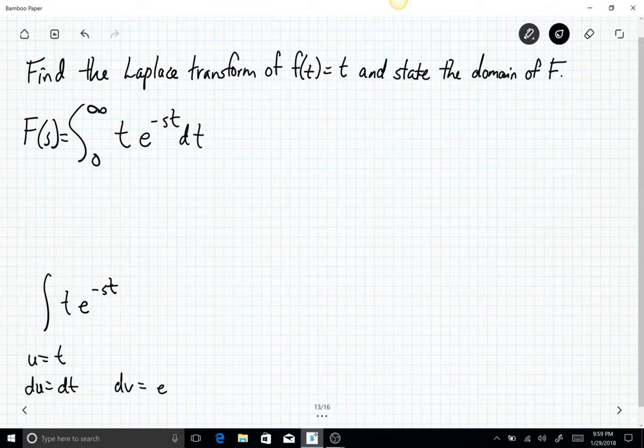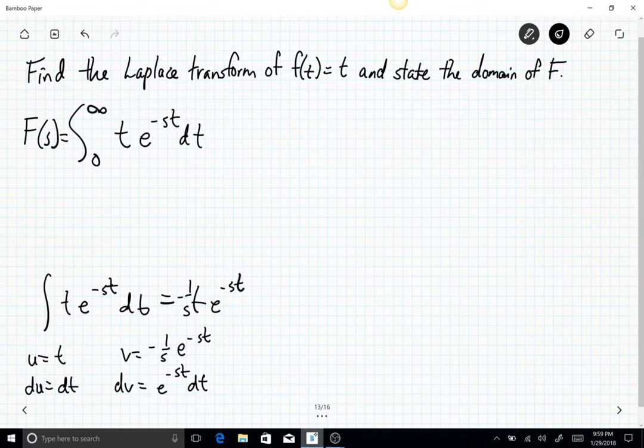In that case, dv equals e to the negative st dt, and that means v would have to equal negative 1 over s times e to the negative st. So you go u times v, so you get negative 1 over s, t e to the negative st, minus v du, so a minus and a minus will make a plus 1 over s, and then an integral of e to the negative st dt.